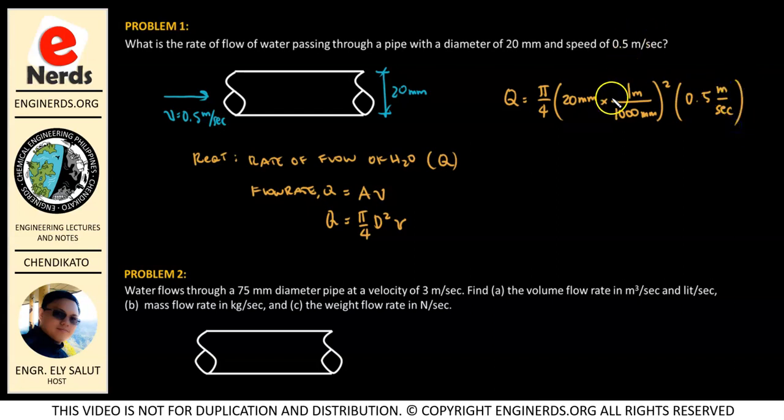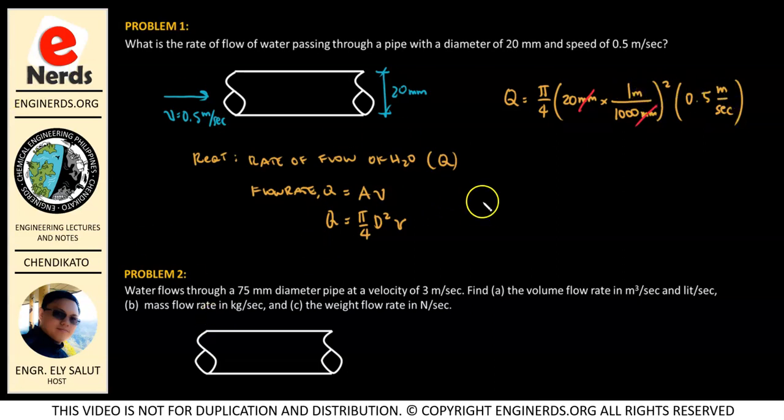As you can see dito sa ating mga units, our millimeter will be cancelled out. And our meter here will be squared. So, if you multiply this to another meter here, it will be a cubic meter, so it will be a volume. So, our final unit here will be in cubic meter per second.